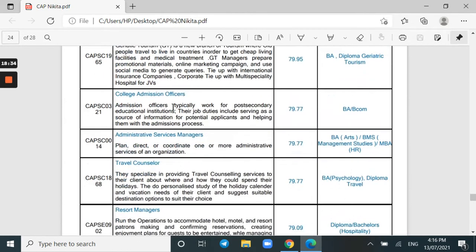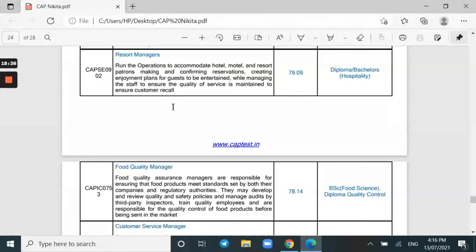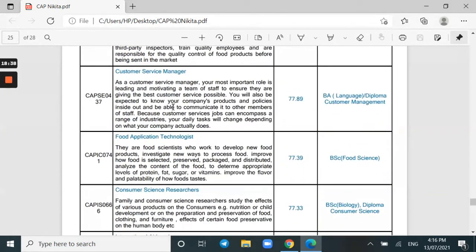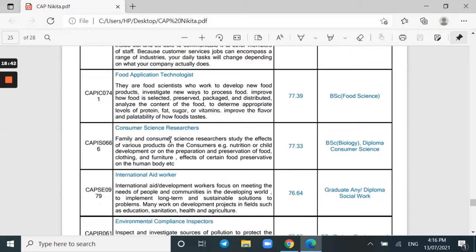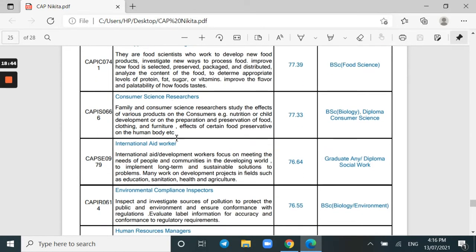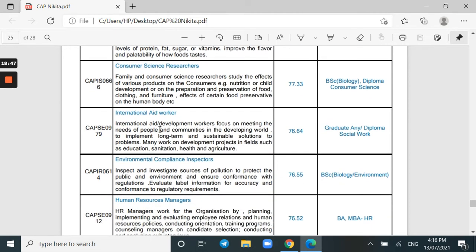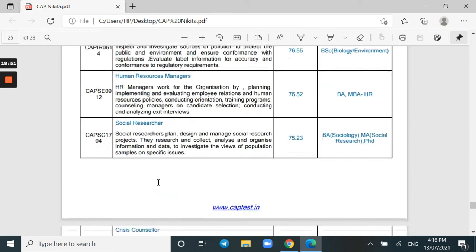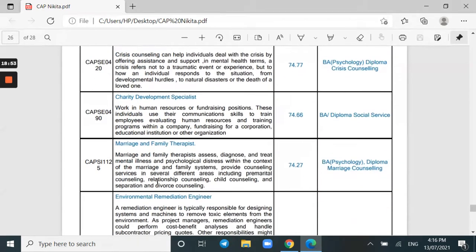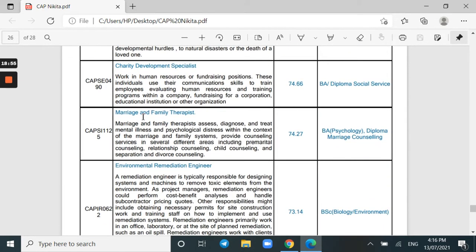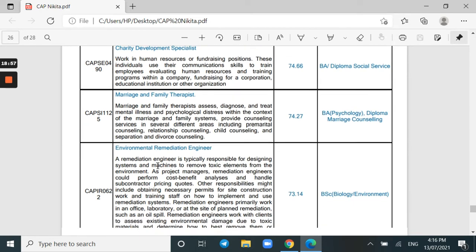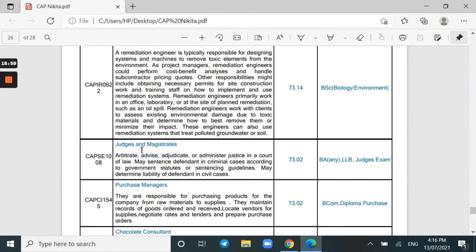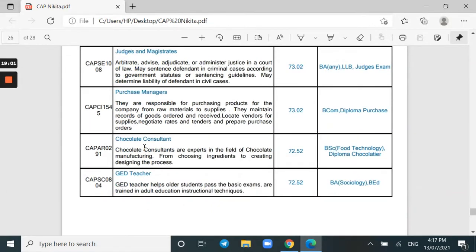Geriatric tourism, college admissions. So I'm not going to get into the individual details of it because they are specific to this person, but customer service manager, food application technologist, and then consumer science researcher, aid worker, international aid worker, environmental compliance inspectors, HR managers, social researchers, and charity development, family marriage therapist, environmental remediation engineer, judges and magistrates, purchase managers, chocolate consultant.